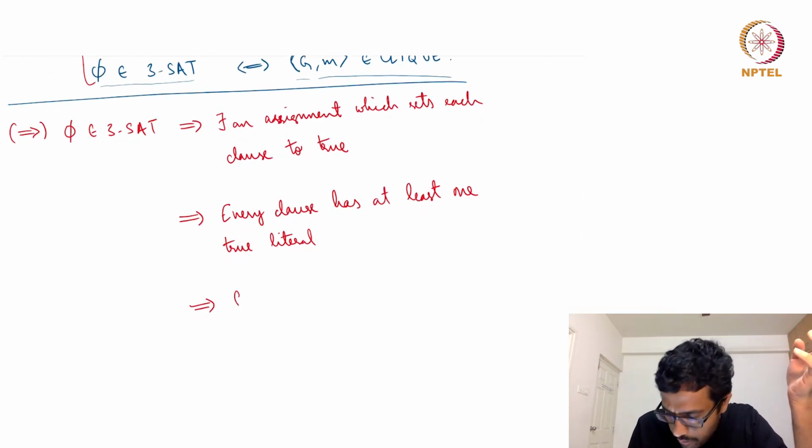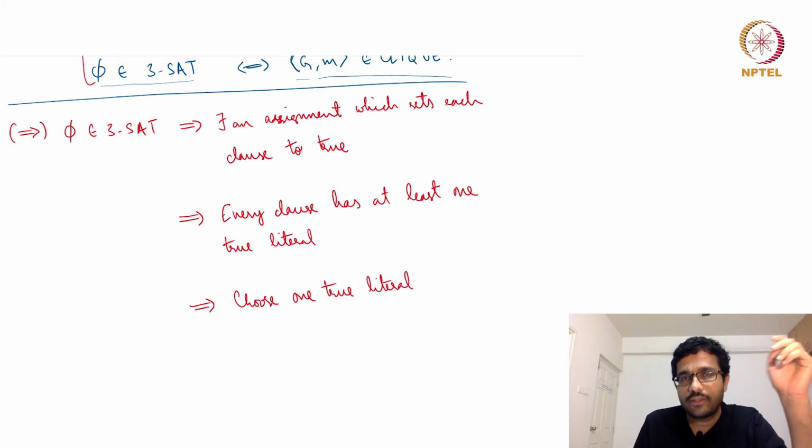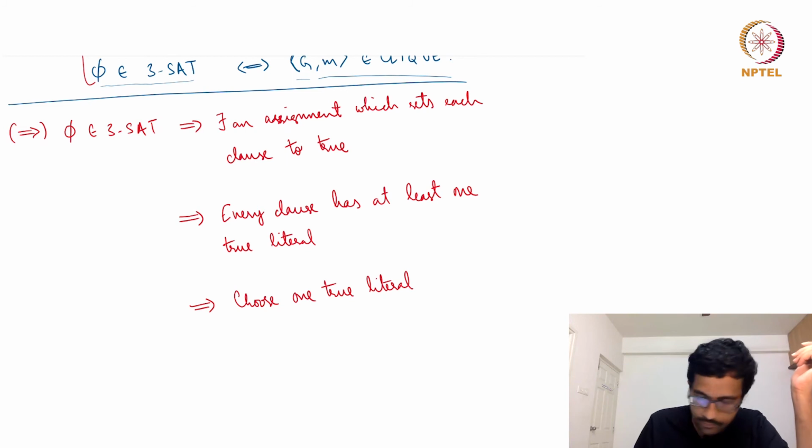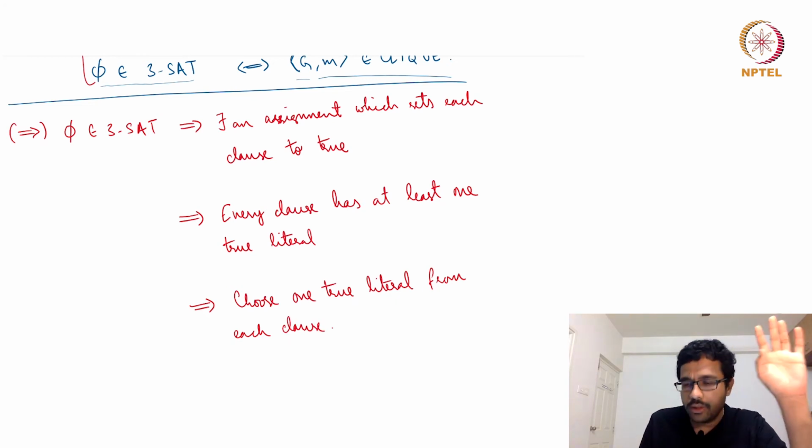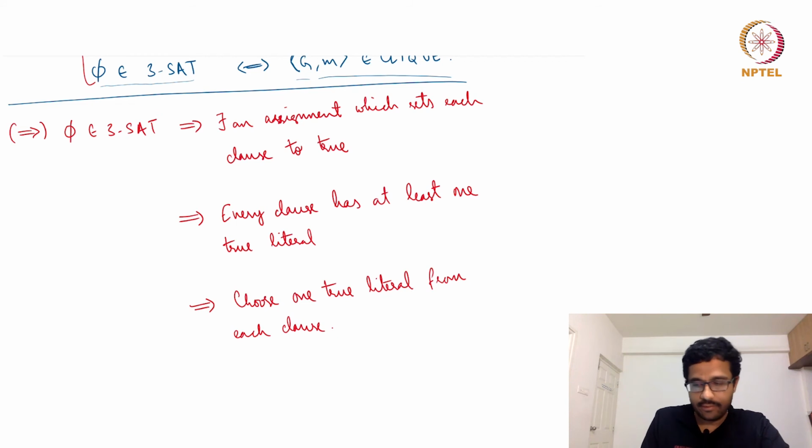Now what you do is you choose one true literal. Some clauses may have more than one, but you choose one true literal from each clause. So till now we are talking about only the formula. We are not at all talking about the graph, right?